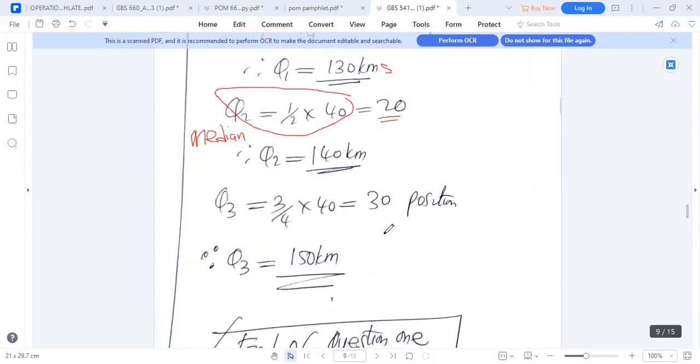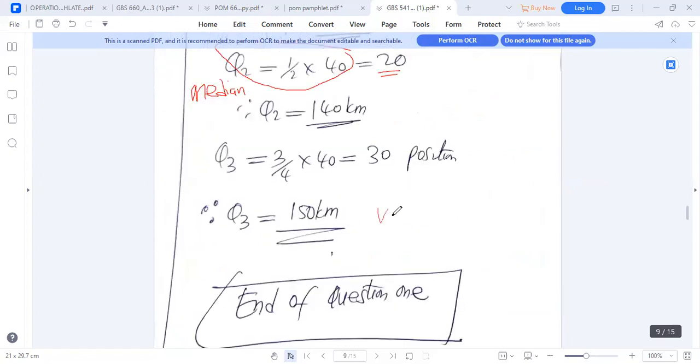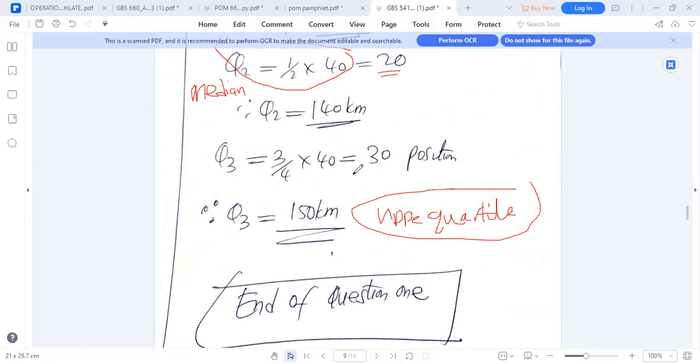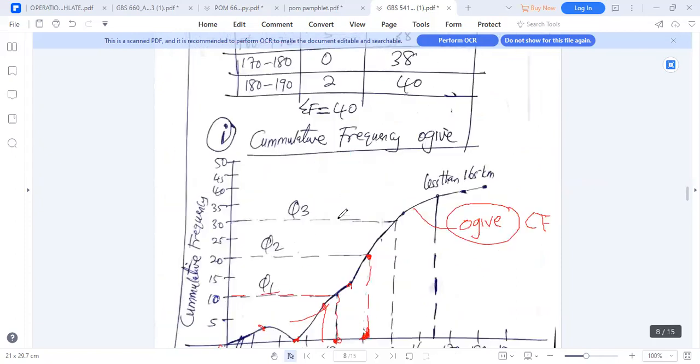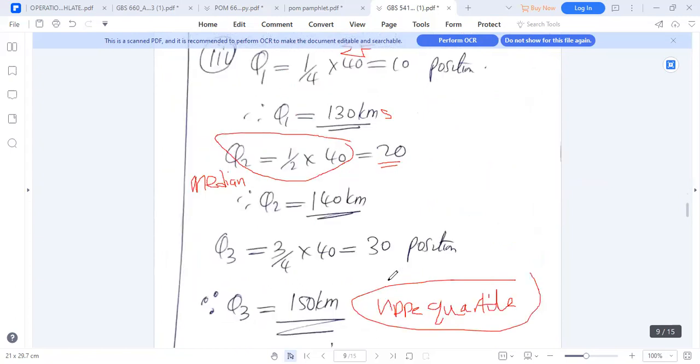Then the other one is upper quartile. For upper quartile we have to say 30. So 30 is here, getting down to this point is 150 kilometers. So this is how this question was answered.